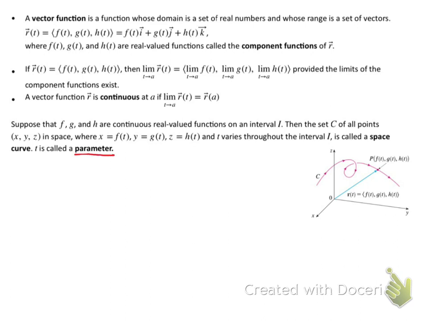The picture here shows that if you pick a t value, it will give you 1 point. Pick another t value, it will give another point. If it is continuous, then when your t gets closer to a particular value, the vectors also get closer and closer to the corresponding value.